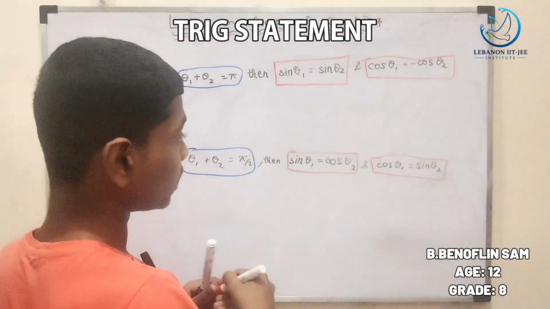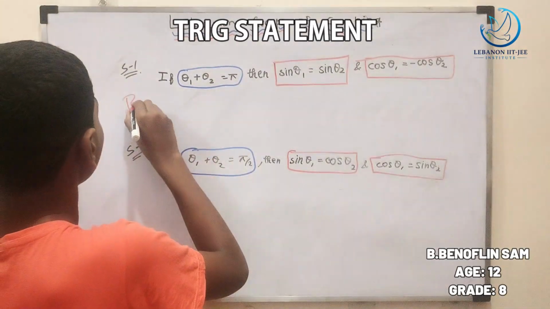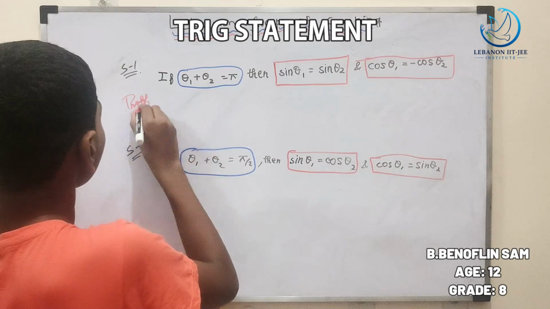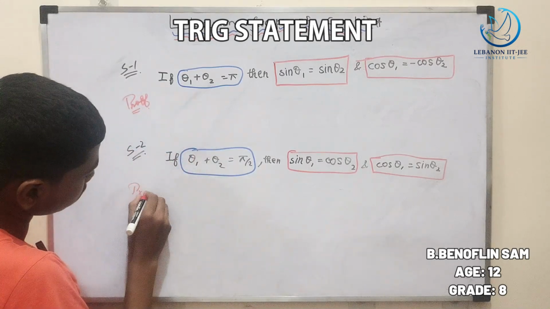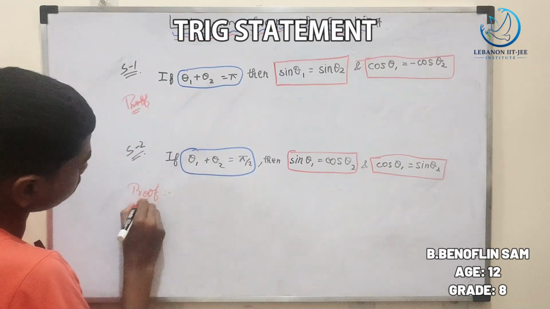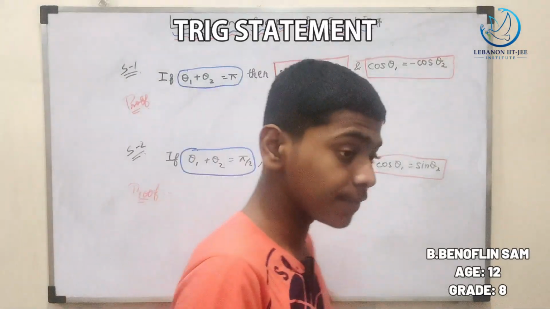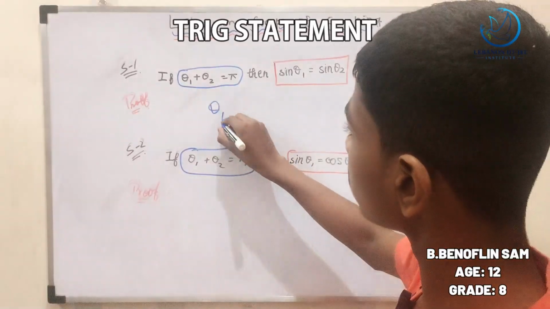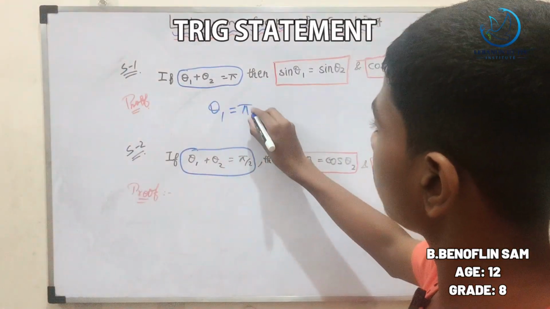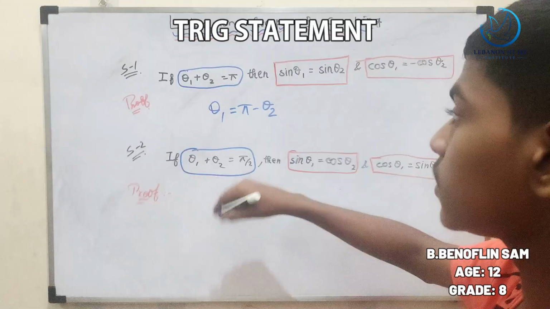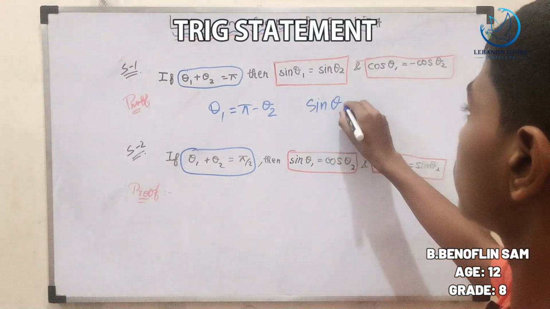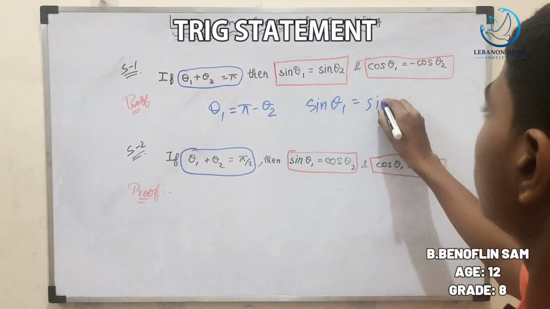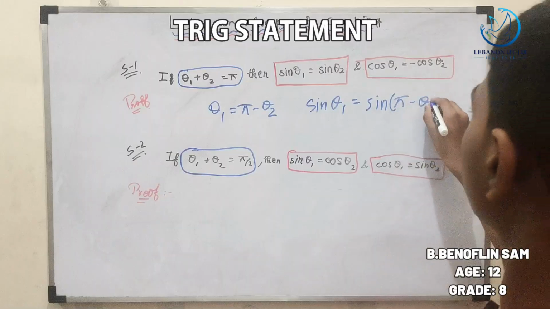Here are some proofs. For theta 1 plus theta 2 is equal to pi, we can write theta 1 is equal to pi minus theta 2. So sin theta 1 is equal to sin of pi minus theta 2.